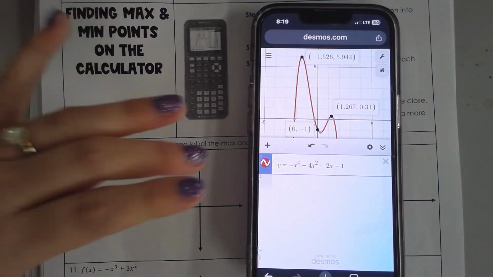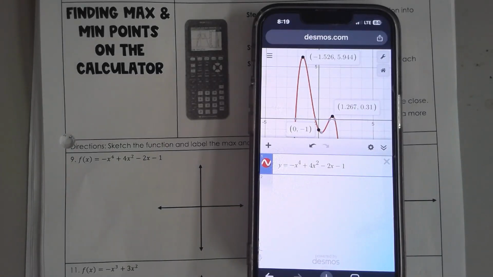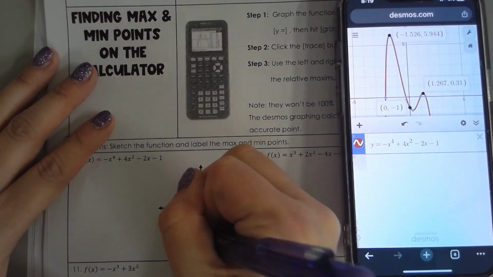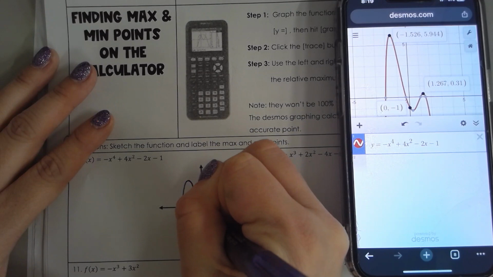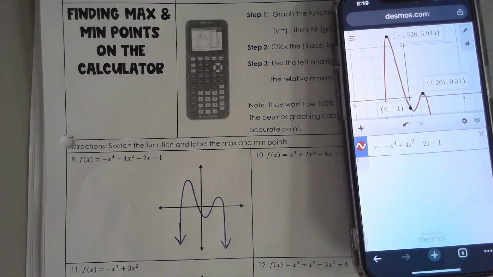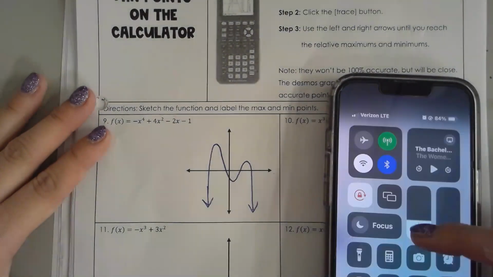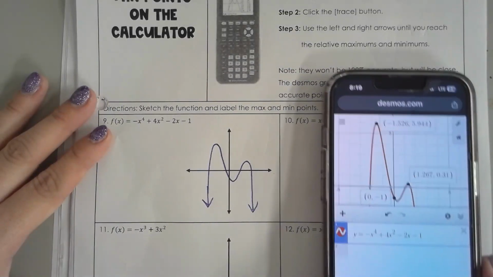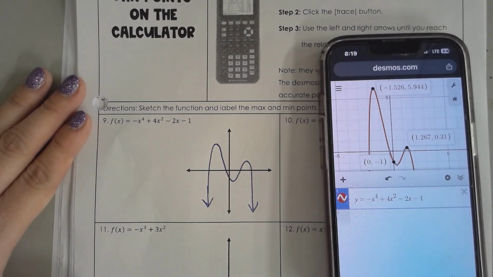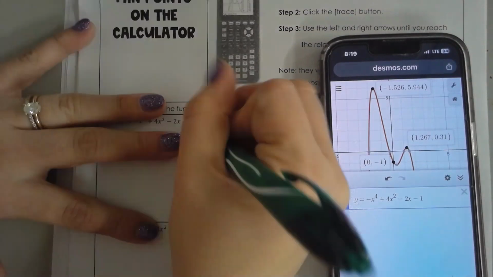So what we're going to do is sketch out the graph, just a very quick basic sketch of this graph, and it looks something like this. So any point that's kind of on a hilltop, a mountaintop, so that would be this point.